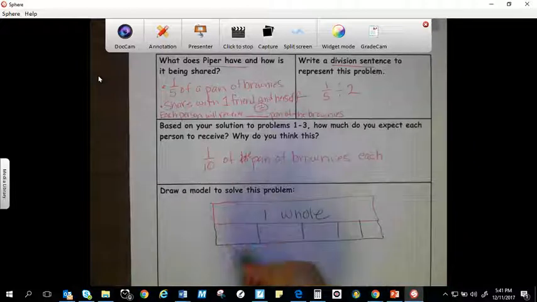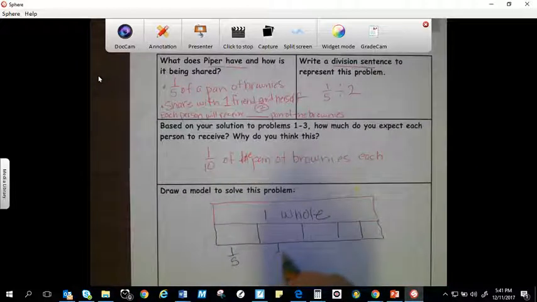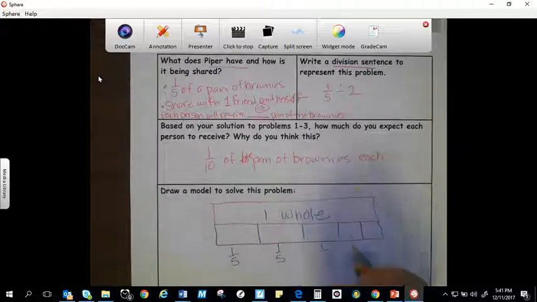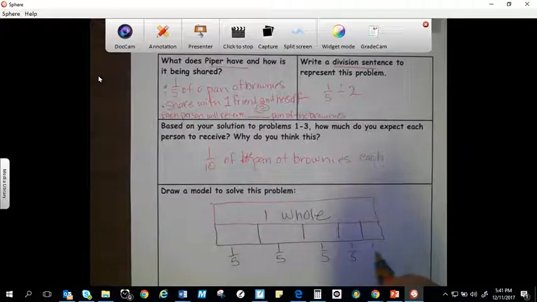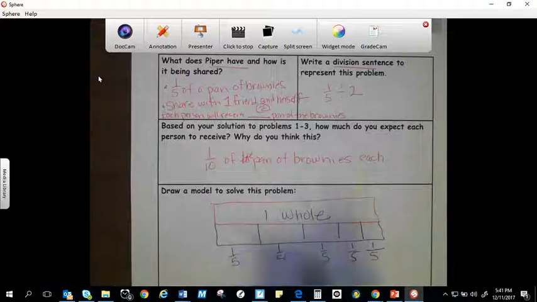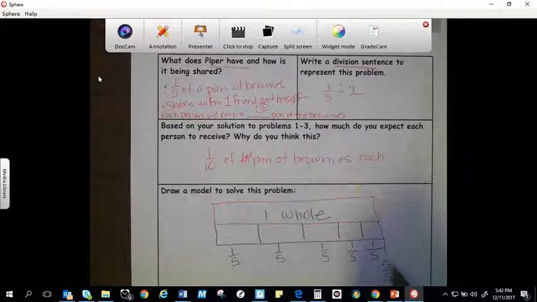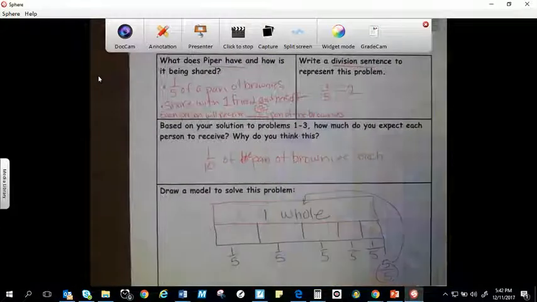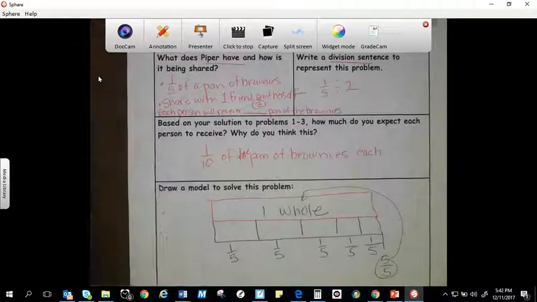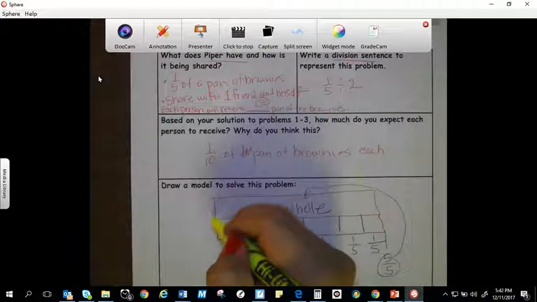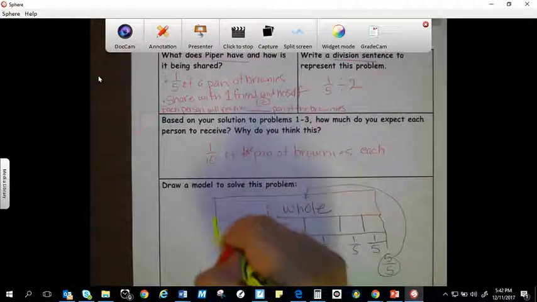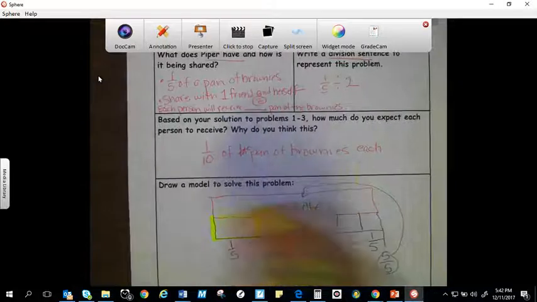Okay, so this is 1/5, 1/5, 1/5, 1/5, and 1/5. 1, 2, 3, 4, 5. And I know that 5 over 5 is equal to 1 whole. Alright, and I'm only going to be using this 1/5, but if I'm going to cut one of the fifths, I need to cut all of the fifths.